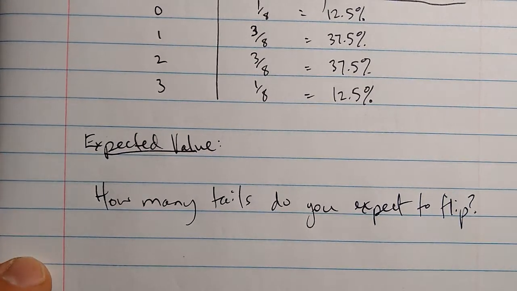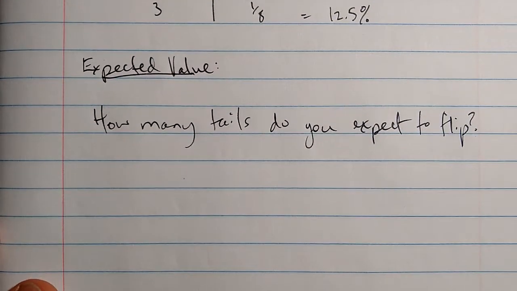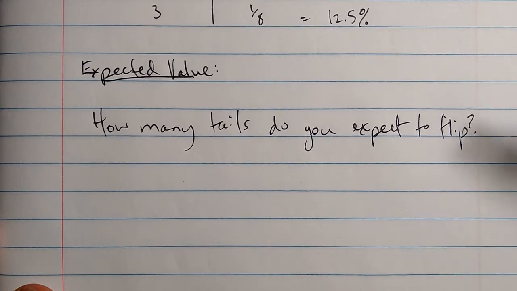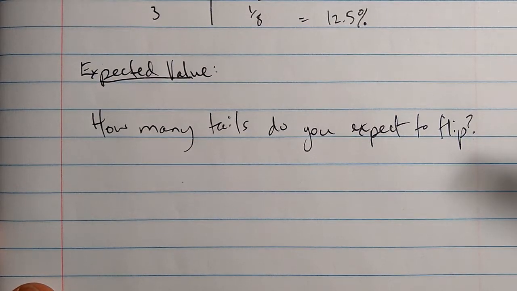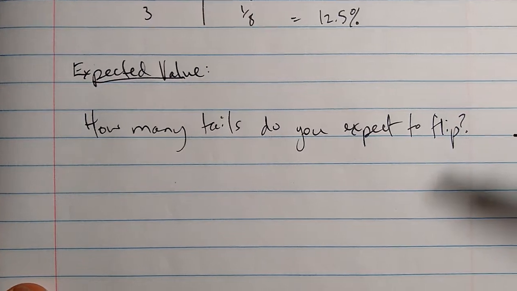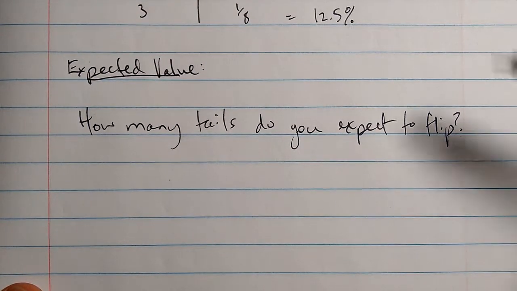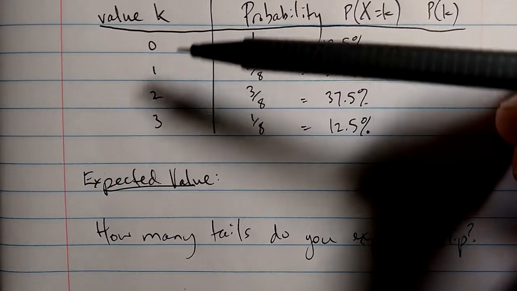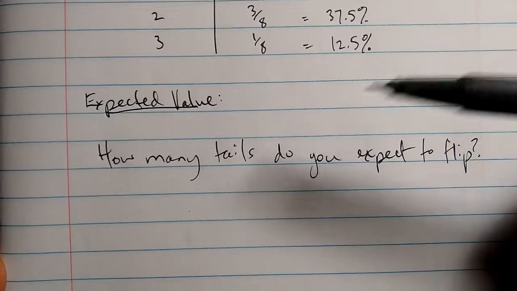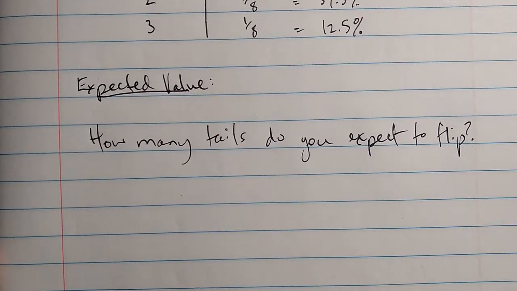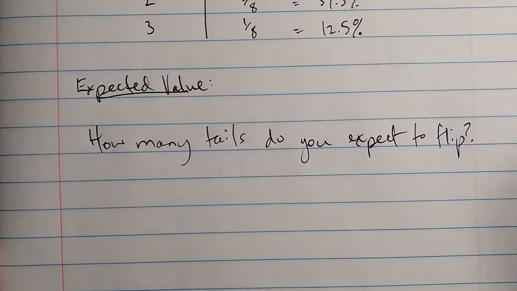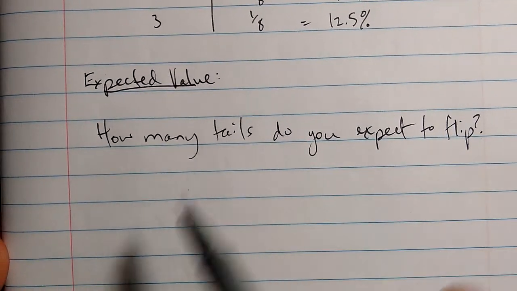Again, we're doing 3 flips. So if you were to run the experiment once, run one trial, how many tails would you expect to flip? Now, running a single trial, of course, you only expect to get one of these individual values, 0, 1, 2, 3. But the phrase expected value is sort of like an average, or what we would call a weighted average, of all of the different values.